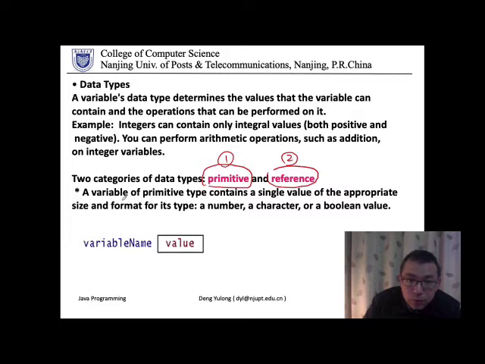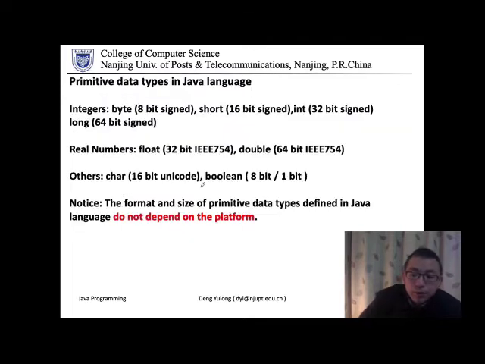A primitive variable contains a single value of appropriate size and format for its type, for example a number, a character, or a Boolean value. So if we want to store data in a variable, we should choose the primitive type.